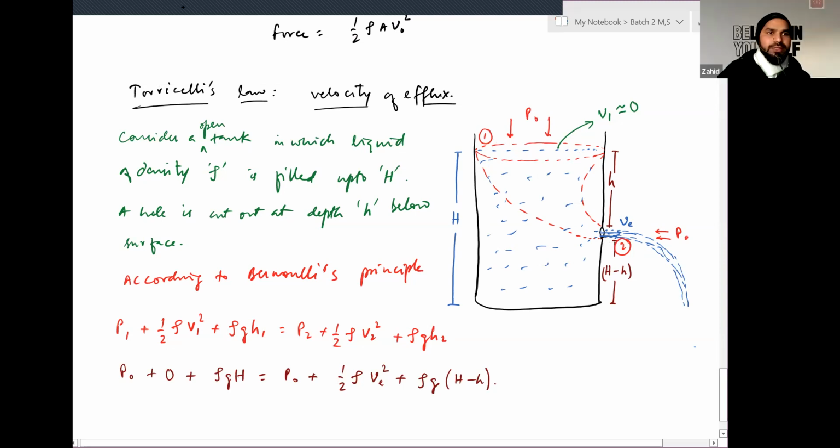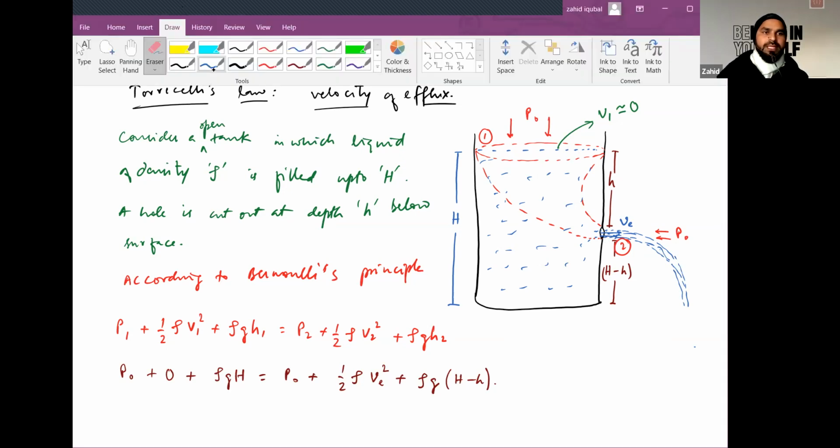Just write it down and try to simplify for VE. Samara, try to solve.